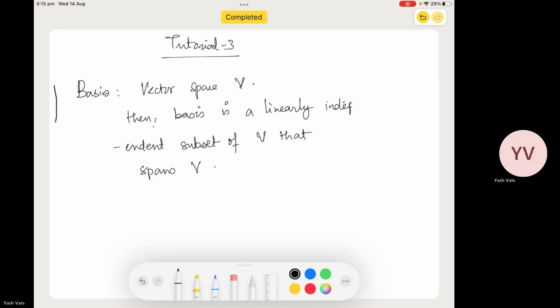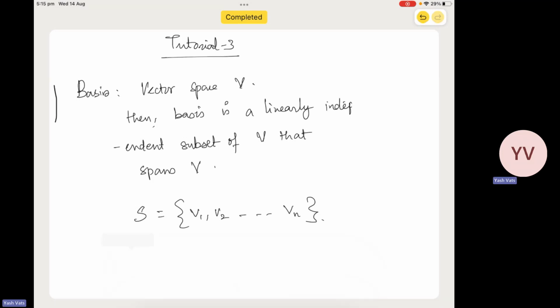So that is the definition of a basis, and it looks like, say, S. If S has v1, v2, up to vn elements, then you say that n elements.